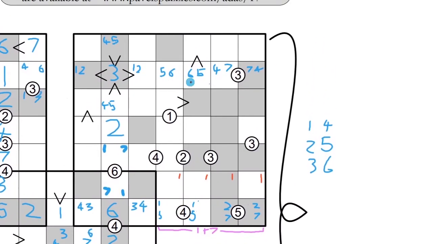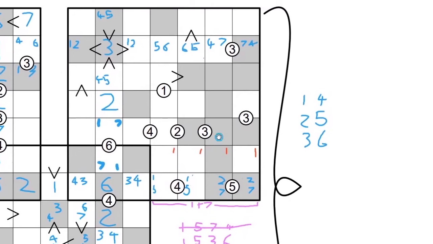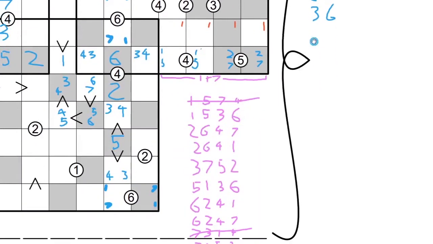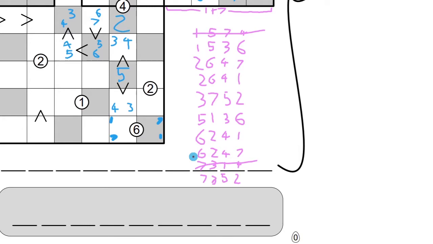It's like the choice of these would narrow this down massively, but without that choice, it doesn't help. What I do know is that there's not a 7 there. Were there options that had a 7 there? There was 1, or 2.